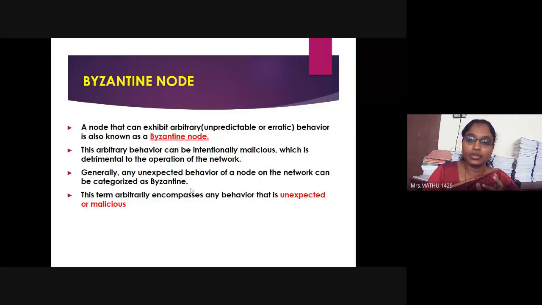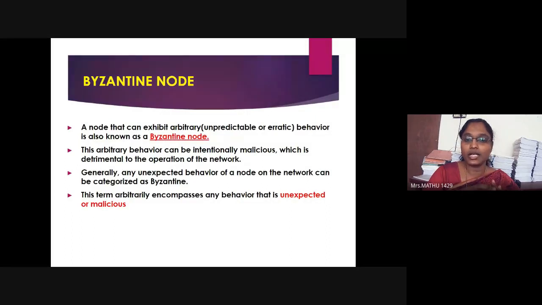Why are they doing so? We have seen that in a distributed system, all the nodes connected together in the network are working on a common purpose. They try to achieve a common outcome, and they should work in a coordinated fashion.